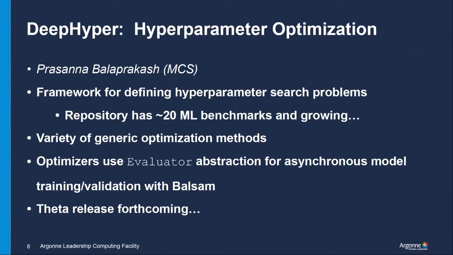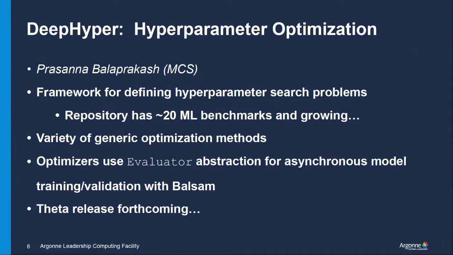One of the challenges there is for really large deep neural nets, we want to find optimal hyperparameters like batch size, learning rate, and even tuning categorical parameters like which kind of loss function or optimizer to use. So DeepHyper is something with a release forthcoming.